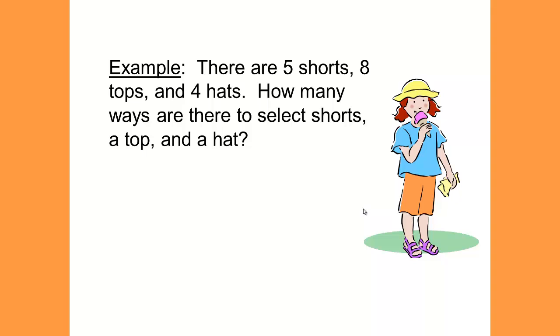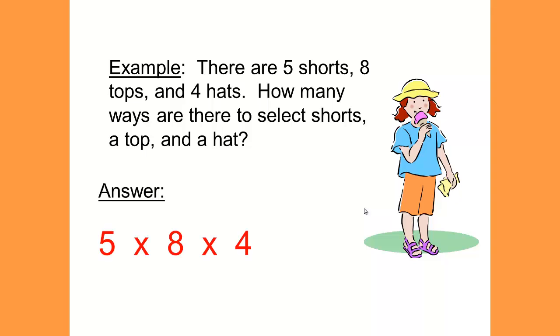To illustrate this further, this example may help. There are 5 shorts, 8 tops, and 4 hats. How many ways are there to select shorts, a top, and a hat? Notice that the fundamental counting principle is easily expanded to the 3 tasks.